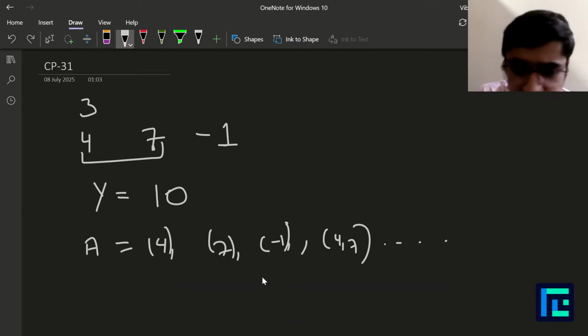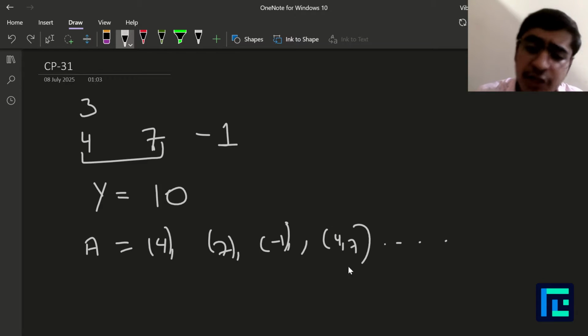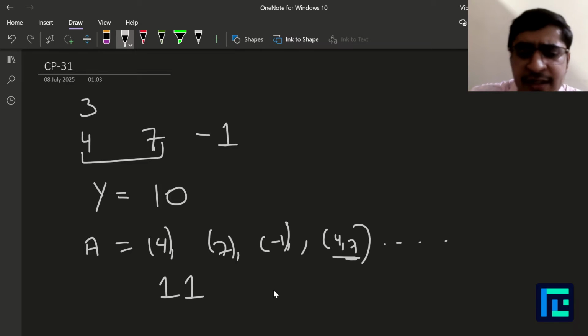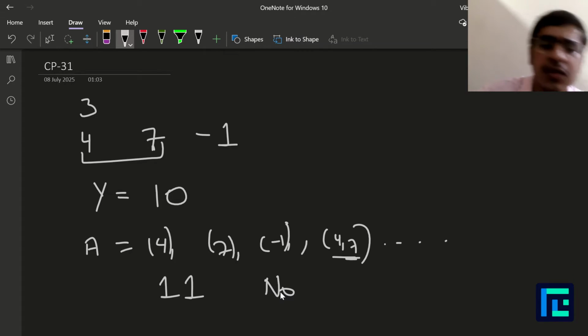Since Adel has so many choices, Yasser will be happy only if, whatever choice Adel makes, the tastiness Yasser tastes is strictly greater than whatever tastiness Adel tastes. So in this example, if Adel chooses this subarray of 7 comma 4, his total tastiness would become 11. And since 11 is greater than 10, our answer over here will just become no.